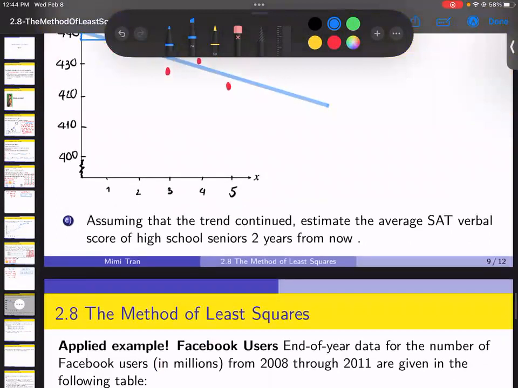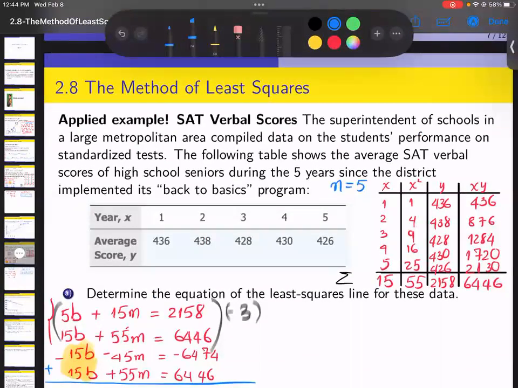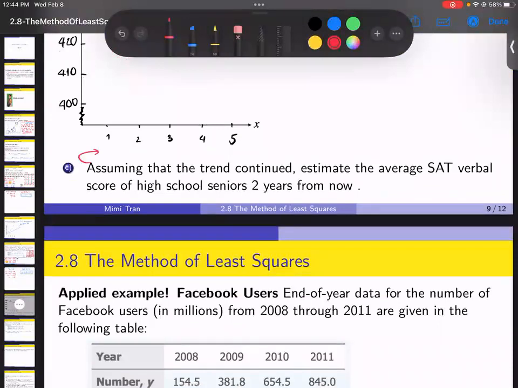Part C. Assume that the trend continues, meaning it keeps going down like that. Estimate the average SAT verbal score of high school seniors 2 years from now. So T should be equal to what? Now is 5, so 7.